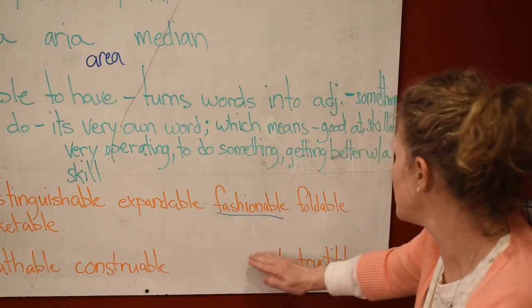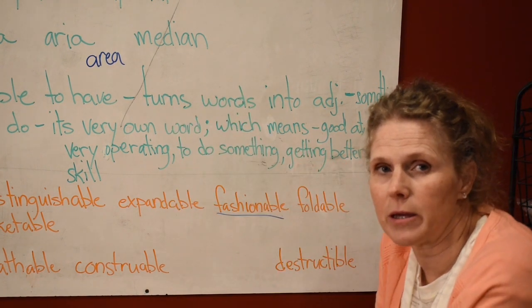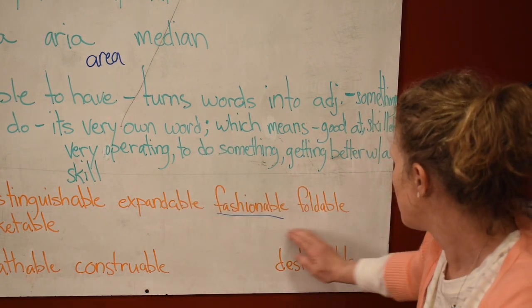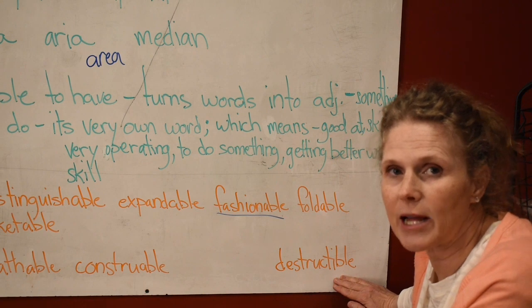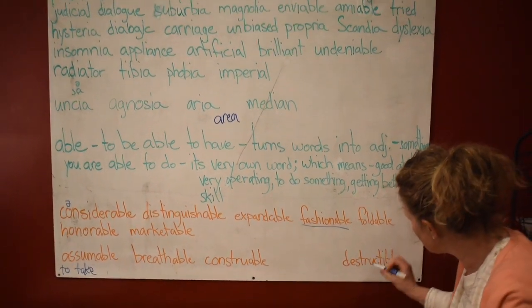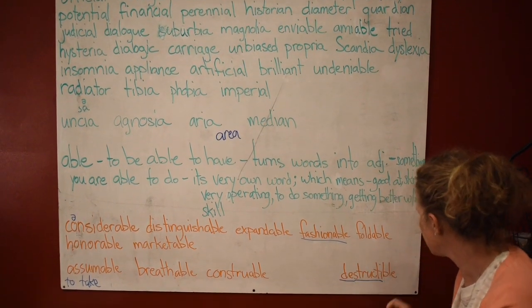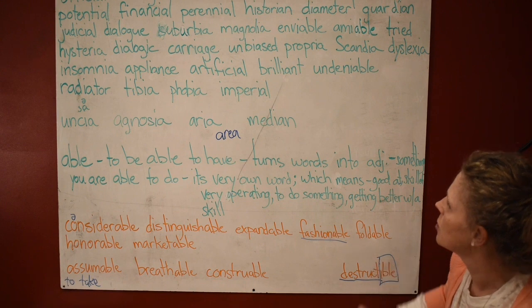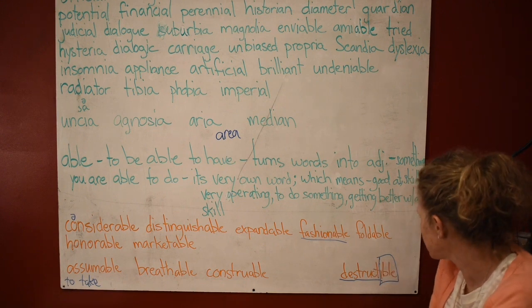Now I didn't do very many of these because I mostly wanted to talk about the ABLE. Those are newer words than IBLE, but just a little hash out on the IBLEs also. Here is your Latin root, here's your prefix, here's your suffix. That means able to do or able to have.